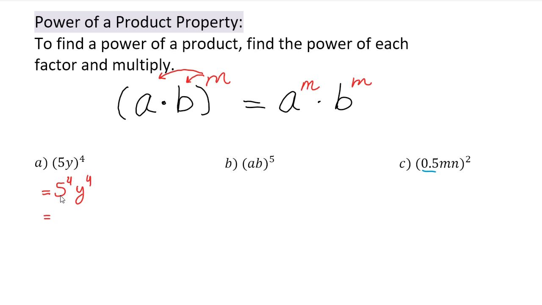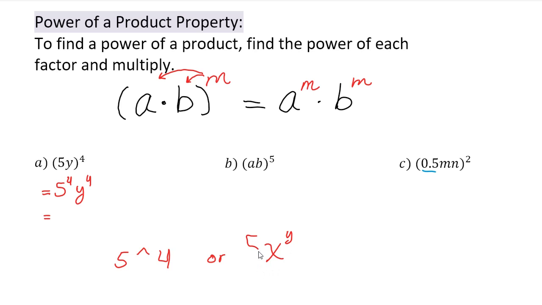So if you want to put that in a calculator, 5 to the fourth, then you need to go ahead and type something like this, 5, and the symbol might look like that, and then the exponent 4. Or on a different calculator, perhaps you will see x to the y.